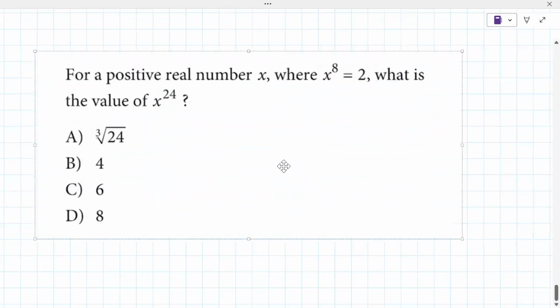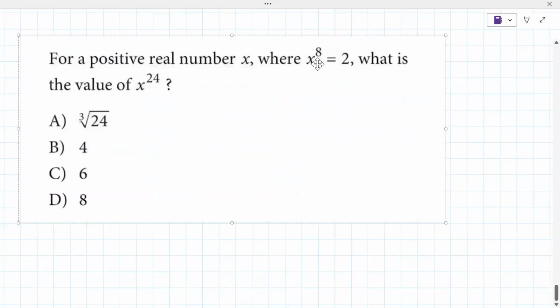All right, let's do some solving with exponents. Take a look at this. Let me know if you have any questions or want any of the properties before we get started. Put in the chat properties of exponents that might be useful.